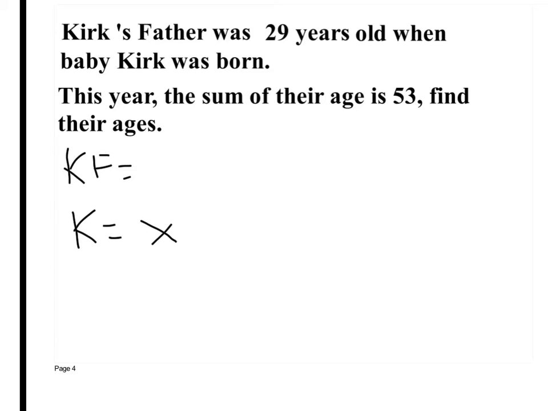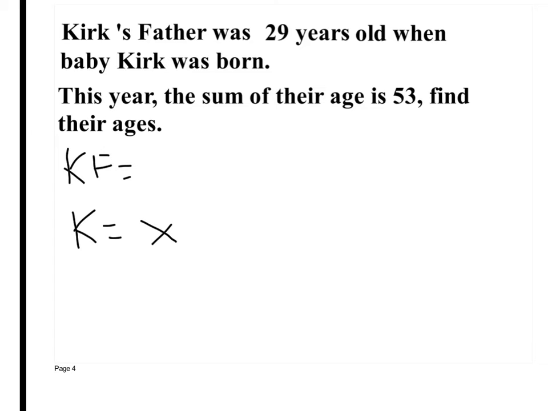How old does it say Kirk's father is? He is not 29. That's how old he was when Kirk was born. That was years later. It said the sum of their ages, meaning when you add Kirk's father's age and Kirk's age together, you get 53. So how old is Kirk's father? We don't know.